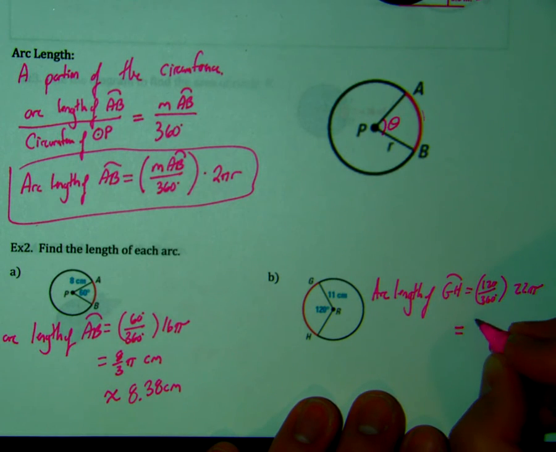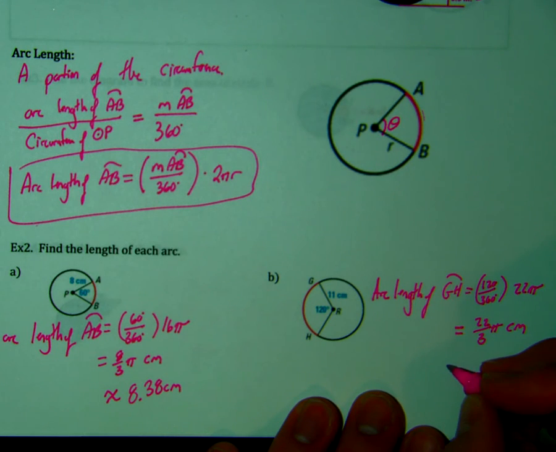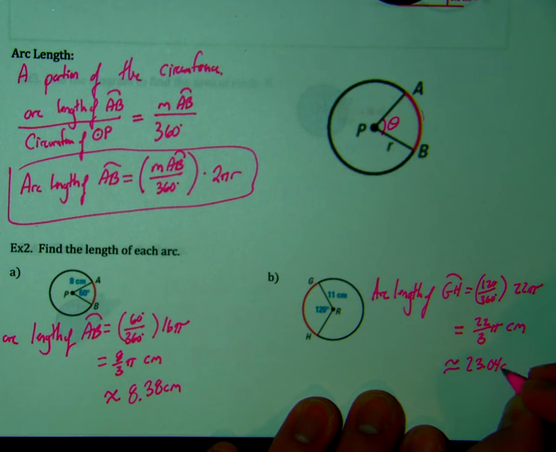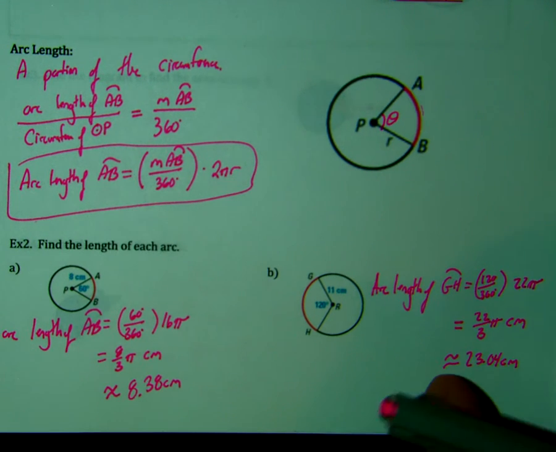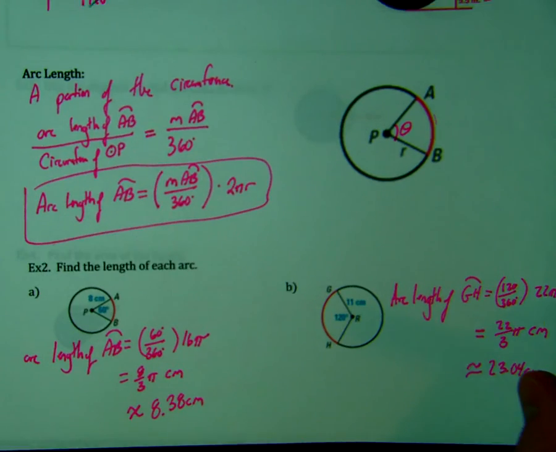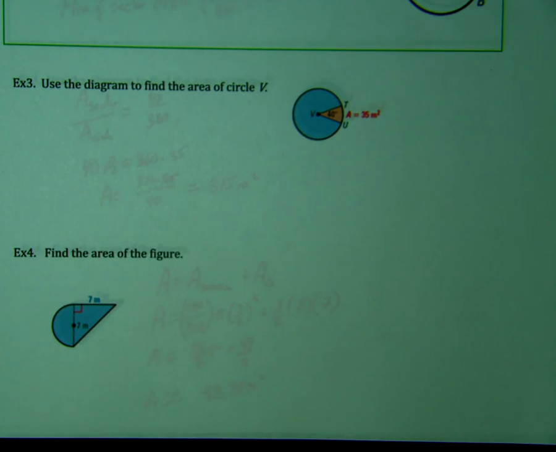So this ends up being about 22/3 pi. Again, linear measurements. That's about 23.04 centimeters. Okay? And so that's it for arc length. Arc length is just a fraction of circumference. So it is a linear, first degree measurement.